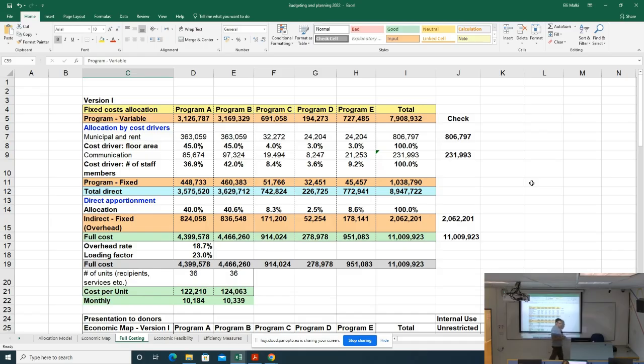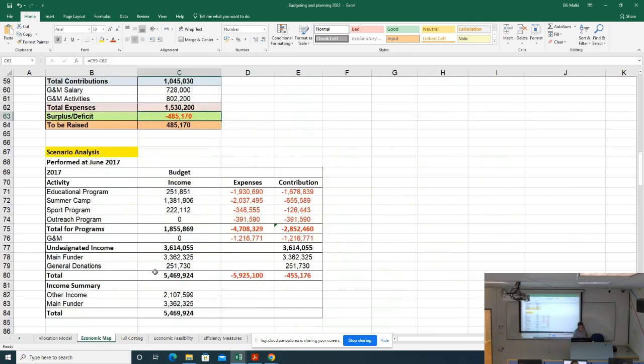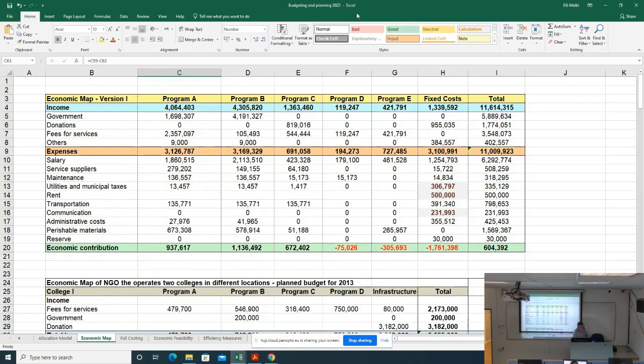Where is it taken from? So let's look at program A, 3,126,000. Now we will go back to the economic map, all the way to our initial table, 3,126,000. Okay, so the first layer is basically this example, A, B, C, and D, and E of the economic map.